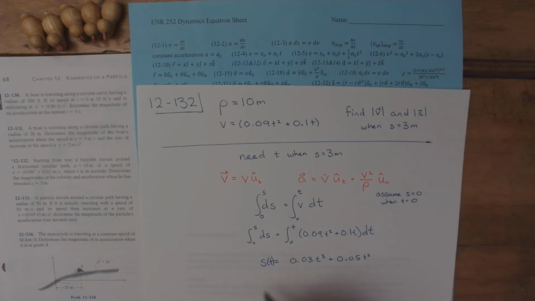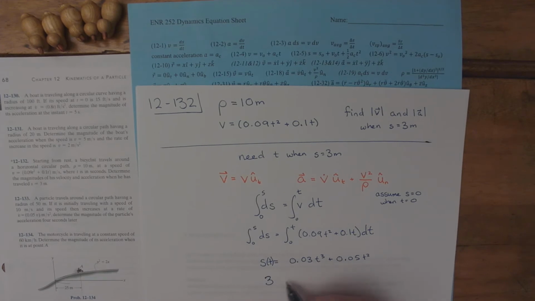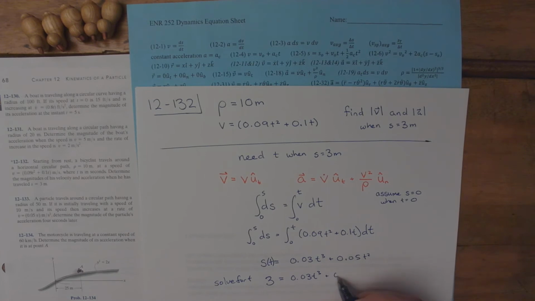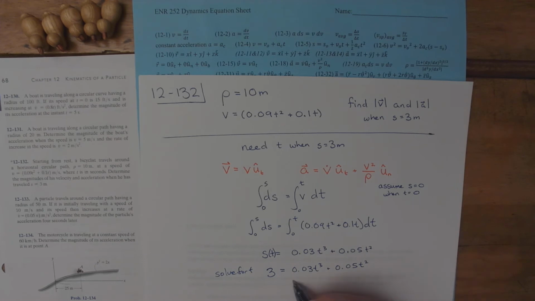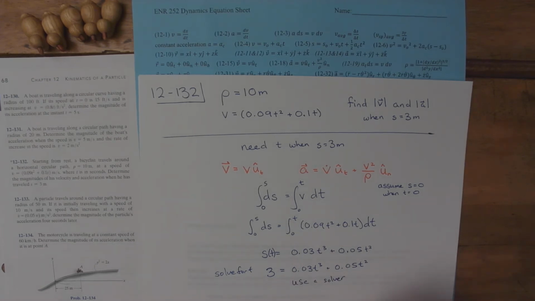So now I'm going to say s is equal to 3, and we need to solve for time. Now, you can use a computer to figure out what time is, or maybe your calculator.